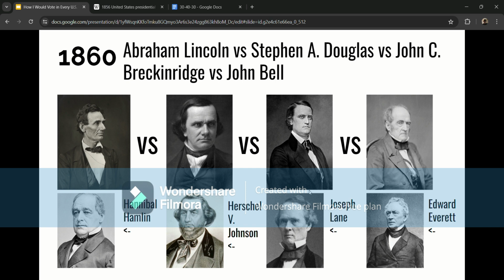So we move on to 1860. I'm just going to tell you right up front, I'm going to vote for Abraham Lincoln this election. I don't think that will come as much of a surprise, but let's talk about this real quick. Abraham Lincoln is the unapologetic person who, without saying that they want to abolish slavery, says that they want to keep the Union together and stop the expansion of slavery out west even more so than before, and he's an amazing speaker.